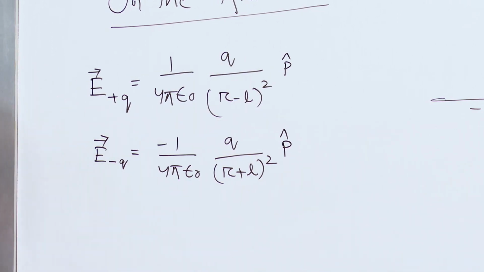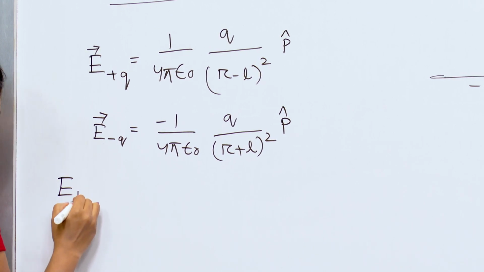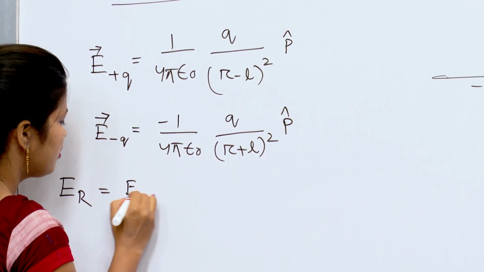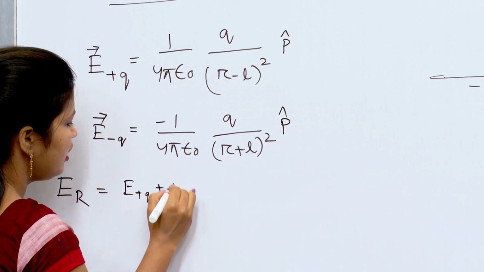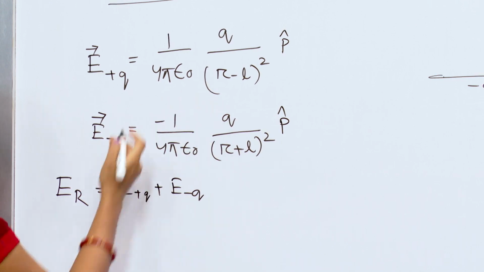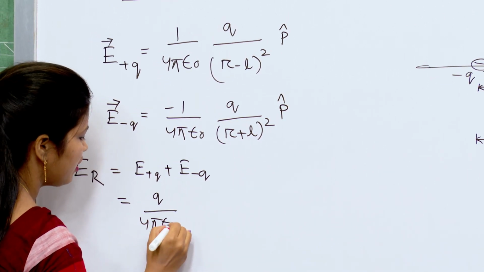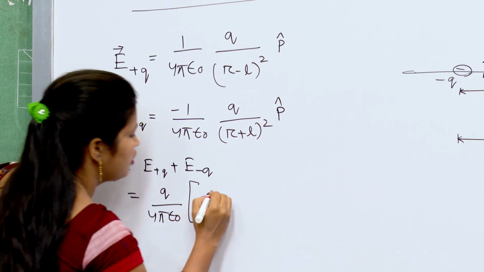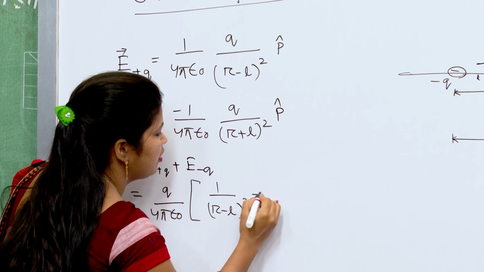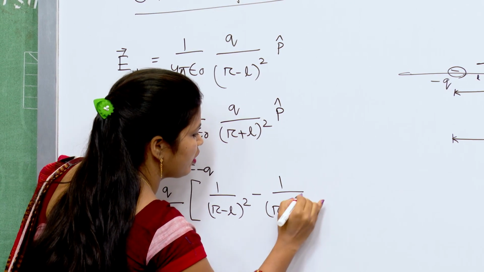So, the resultant electric field intensity is equal to E plus q plus E minus q, that is equal to, taking common, q upon 4 pi epsilon naught whole into 1 by r minus L whole square minus 1 by r plus L whole square.